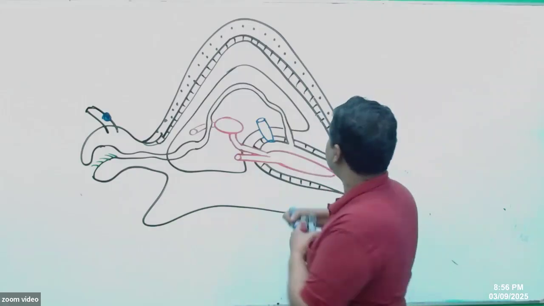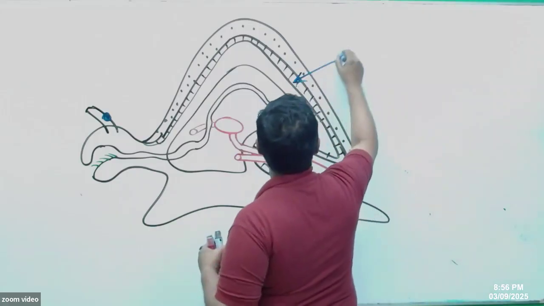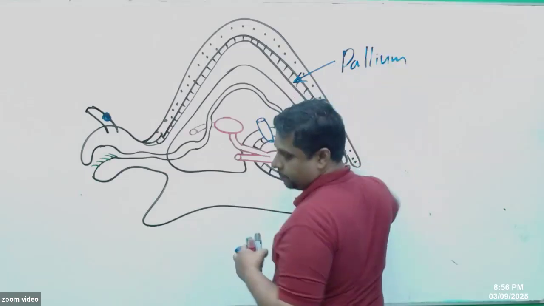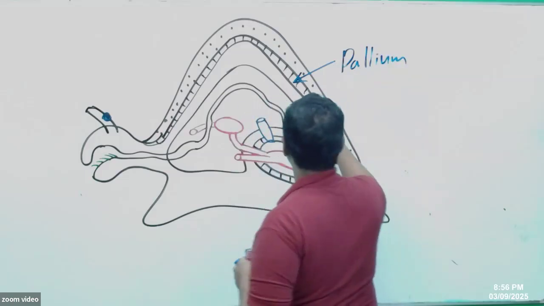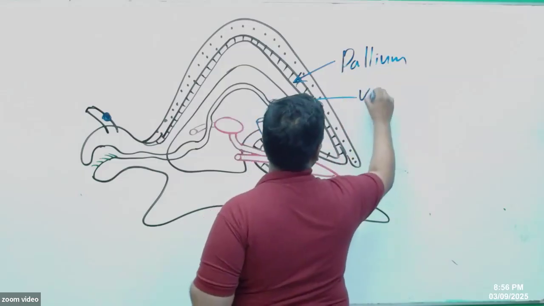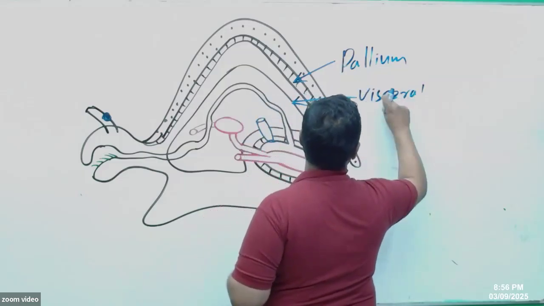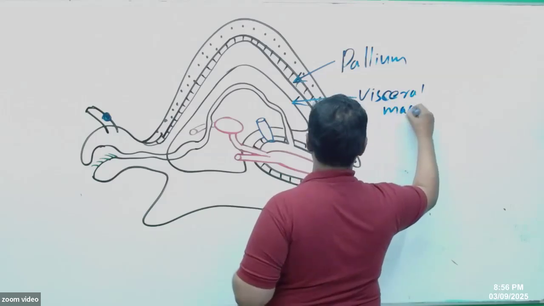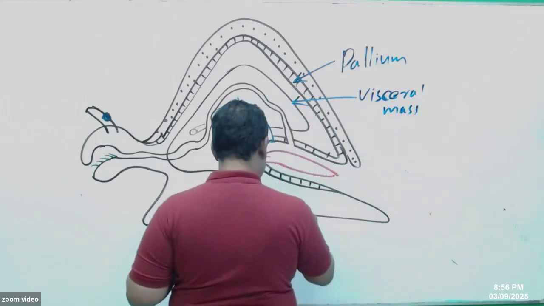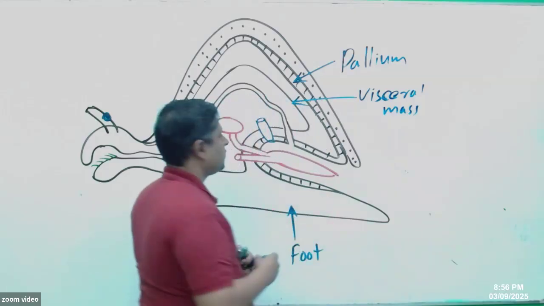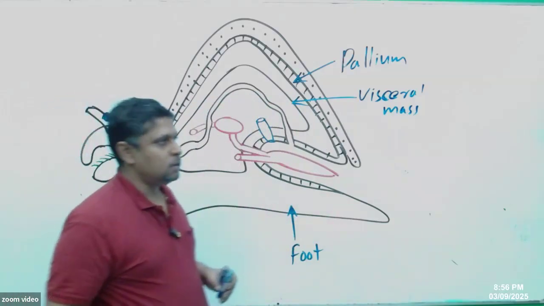Foot, visceral mass, and pallium. Pallium and visceral mass. Visceral mass and the foot. Visceral mass and foot present. Right? So these are the main features.